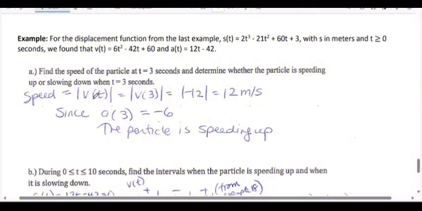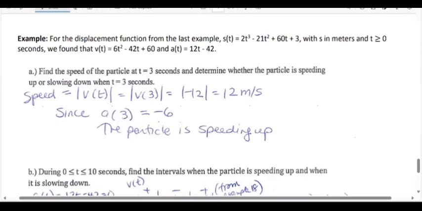So if I have the velocity at t and I plug in 3 and I get -12, to get the speed I find the absolute value. That's going to be 12 meters per second. Then for acceleration, I plug in 3, I got -6. As you can see right now, the speed is 12 meters per second. The acceleration is -6. Of course, the particle is speeding up.